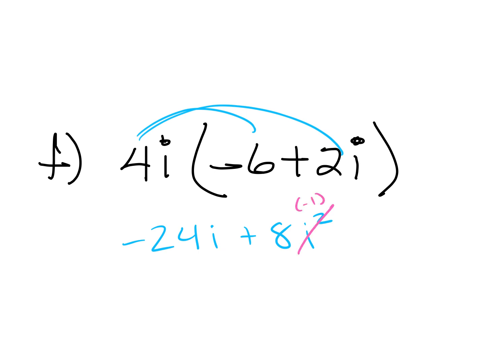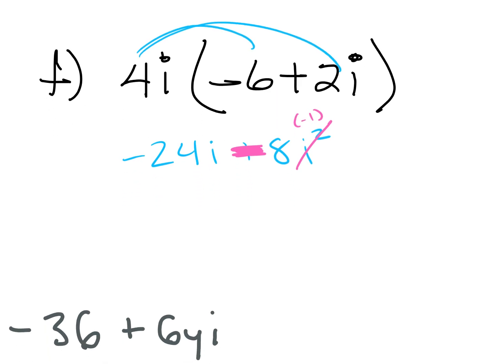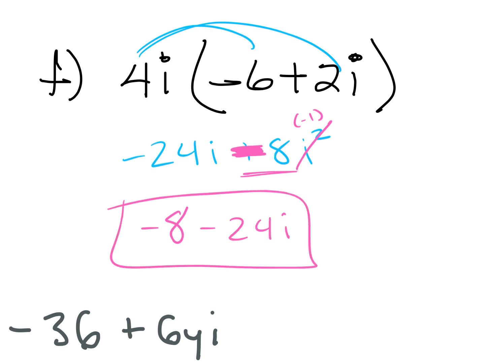And what is negative 1 times 8? That would make this a negative 8. What do I have to do next? Switch them. I need to put it in standard form. So the real number comes first, which now negative 8 is a real number because we got rid of the i. So negative 8 minus 24i. That's my answer.